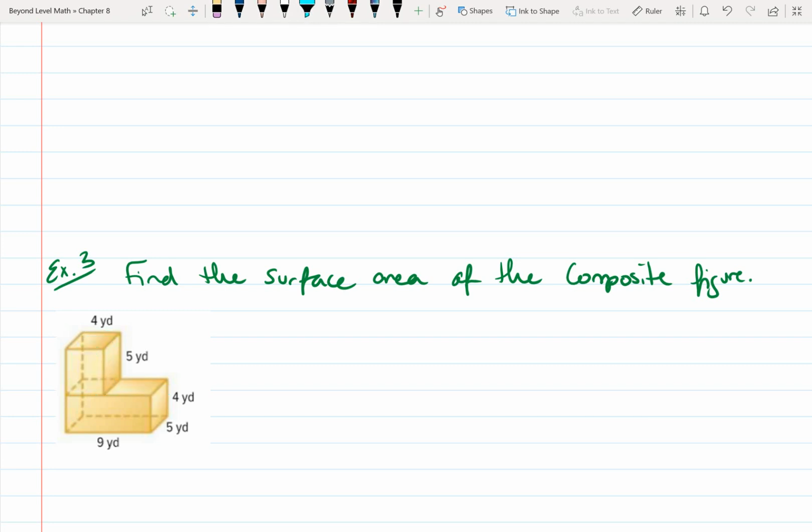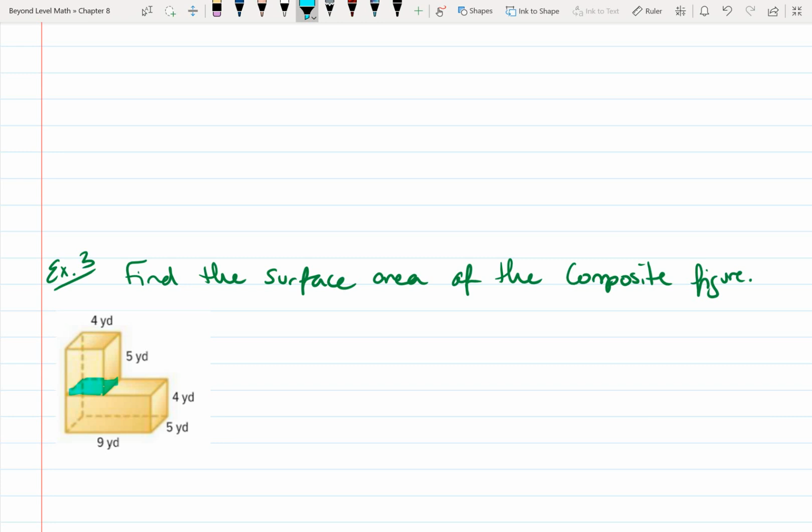But look here at the bottom of this top figure. It is not exposed because it's attached to the top part of that bottom figure. So we're going to find the surface area of the top figure, find the surface area of the bottom figure, add them together, and then subtract the overlapping portion.